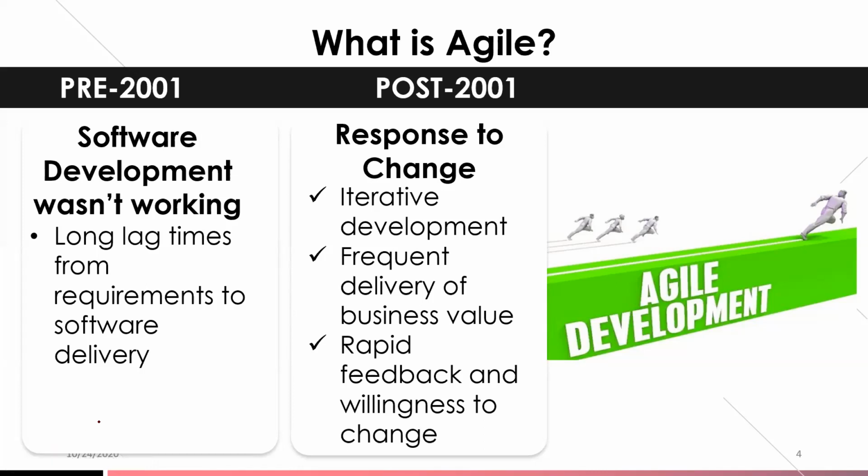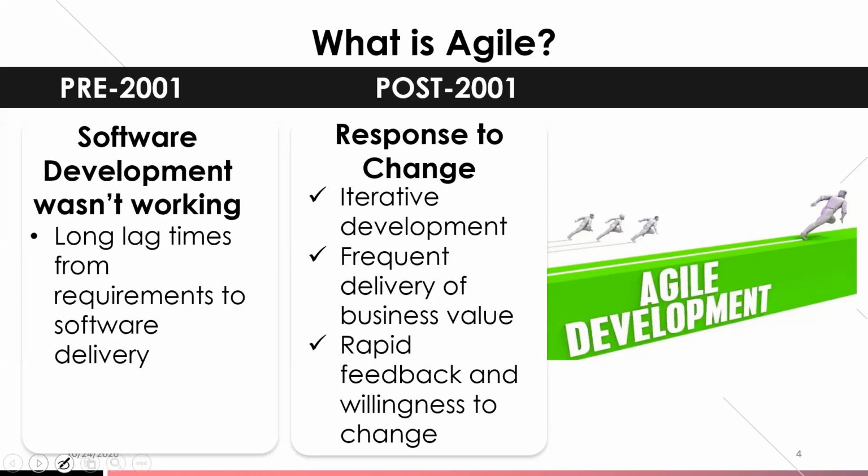So what happened was, from 2001, a group of enthusiastic Agilists came up with a response to change. They came up with a framework, and here's the summary of the framework of Agile. It's iterative development, meaning as you go, you're adaptable to changes.